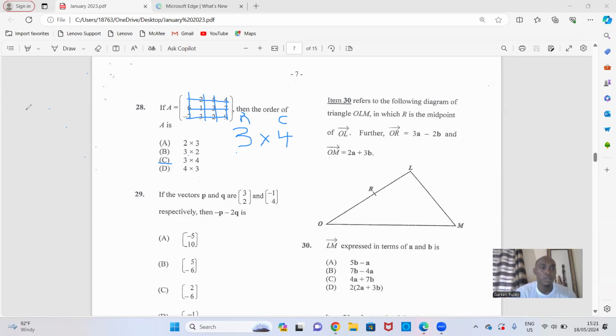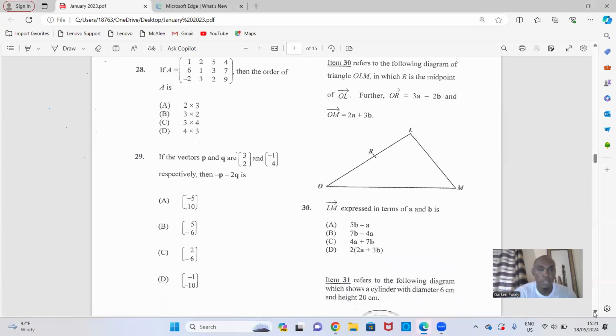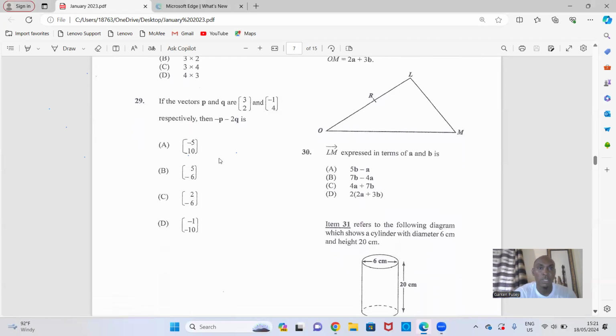Right. So let's see if we can jump to the next question. So this part seems to be vectors and matrices. Let me see if I can get this to show a little bit better. All right, so question 29.